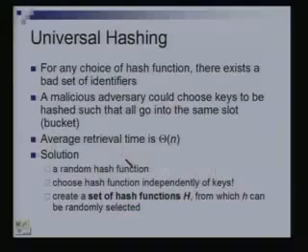So one solution I can employ is that I don't even tell you what hash function I'm going to use. I say I'm going to have a bunch of hash functions, let's say 15 different hash functions, and before the process starts, I'm going to randomly pick one hash function out of these.